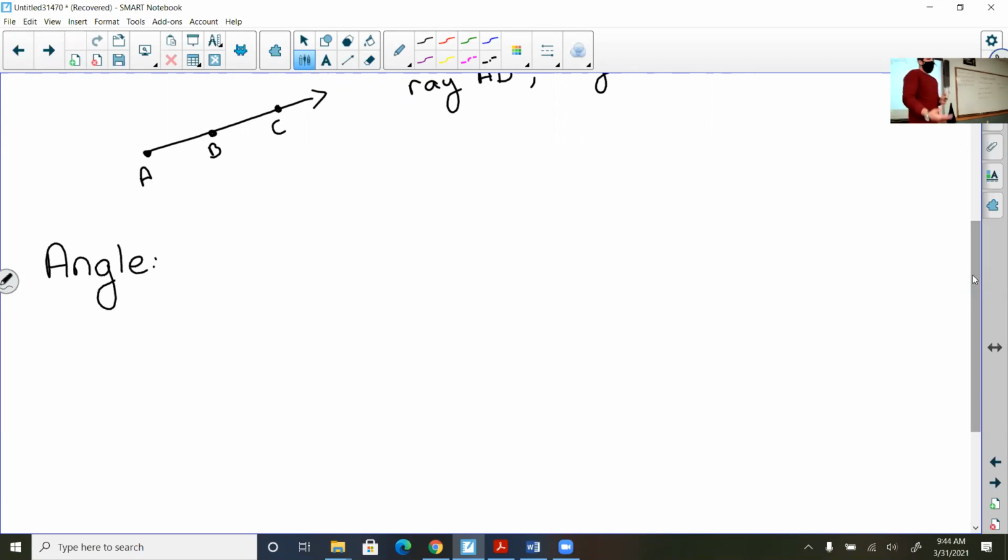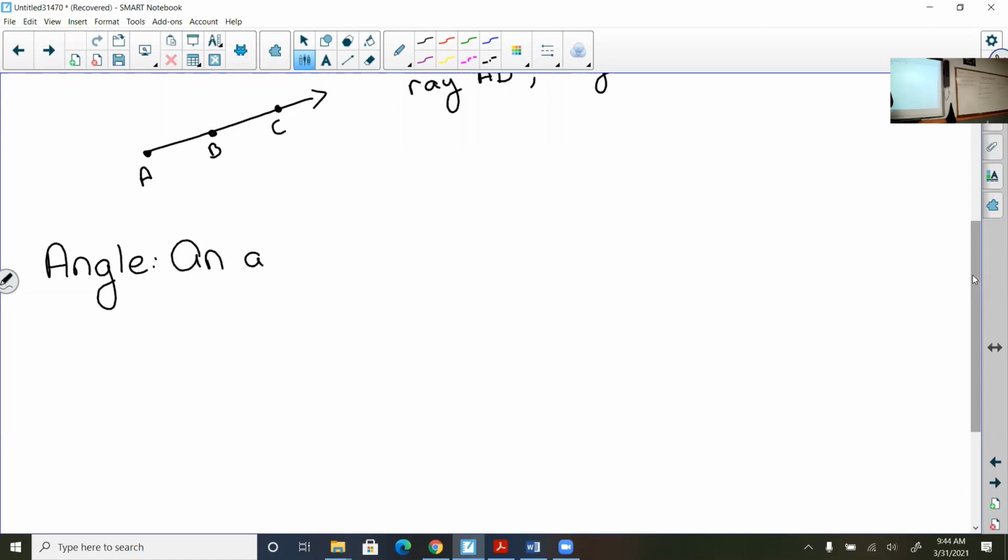Now angles, we know what angles are. That's when we have some amount that we can measure. But an angle is formed when we have 2 rays that connect at their endpoints. Now those points are going to have a specific name. We'll get to that in a moment. I'm going to go ahead and write what I just said there.